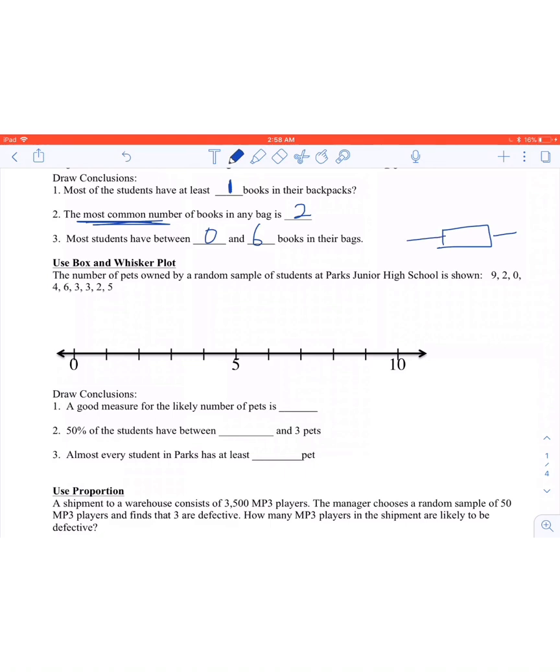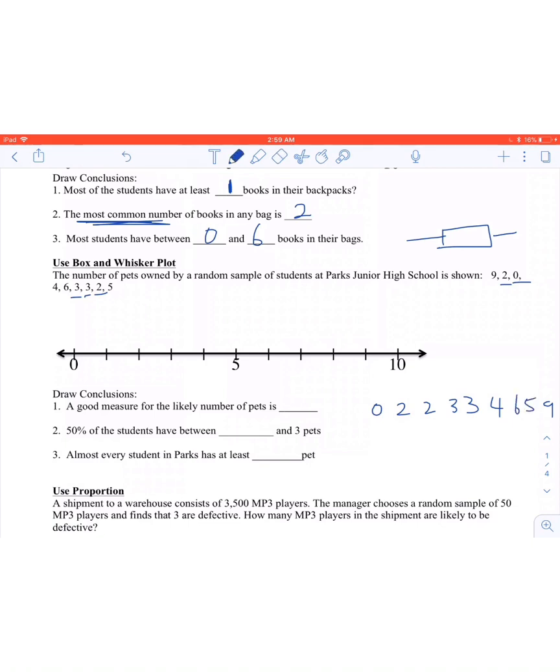The number of pets owned by a random sample of students at Park Senior High School is shown as 9, 2, 0, 4, 6, 3, 3, 2, 5. What you need to do first is list them in order from least to greatest: 0, 2, 2, 3, 3, 4, 5, 6, 9.